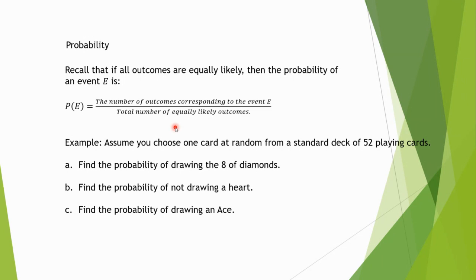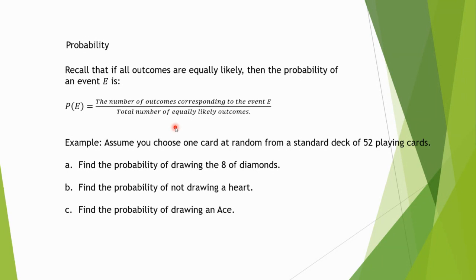Each suit has 13 cards. The suits are diamonds, hearts, spades, and clubs. And each suit has 13 cards, 2 through 10, and there's Jack, Queen, King, and Ace. Okay, so that's what we saw last time.